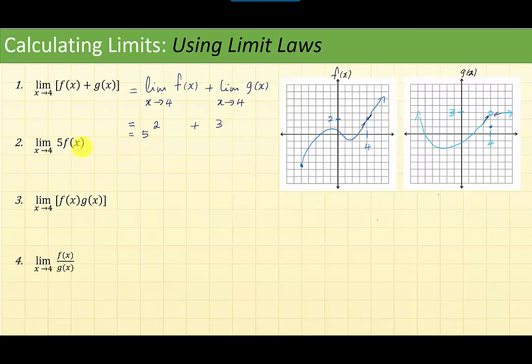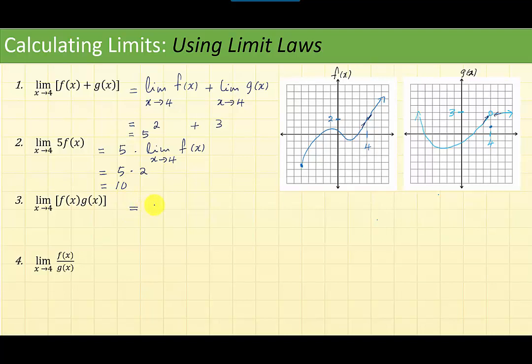In the second one, we want to find the limit as x approaches 4 of 5 times f of x. By the limit rule, this is equal to 5 times the limit as x approaches 4 of f of x, which is 5 times 2, or 10. In this one, we want to find the limit as x approaches 4 of f of x times g of x.